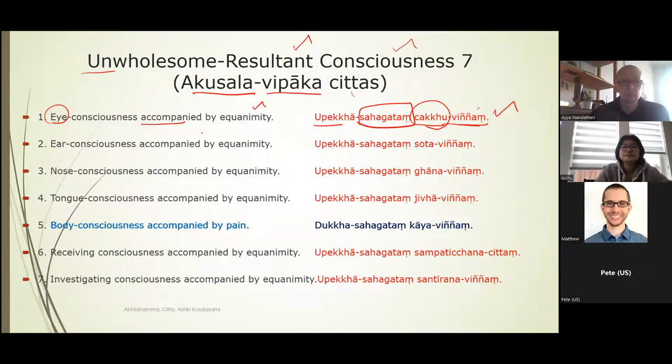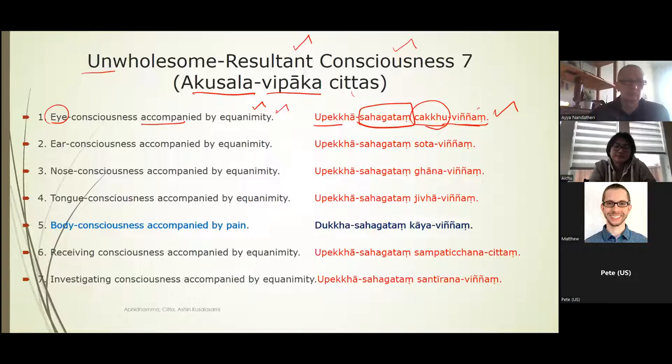But here, the work of eye consciousness is only to recognize what you see, to recognize the object, nothing more. This consciousness cannot do anything more.